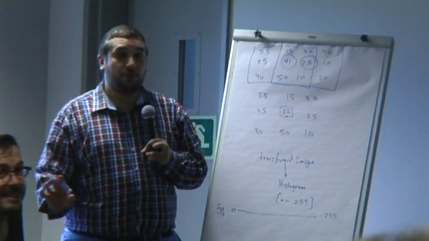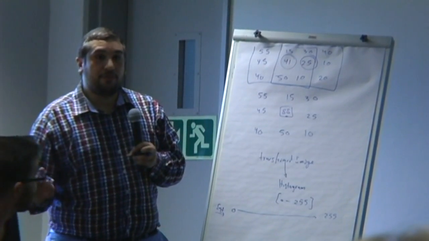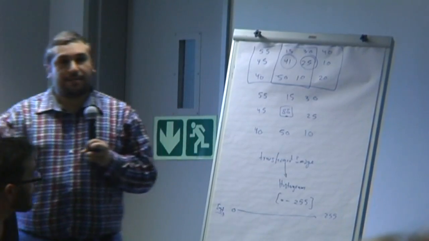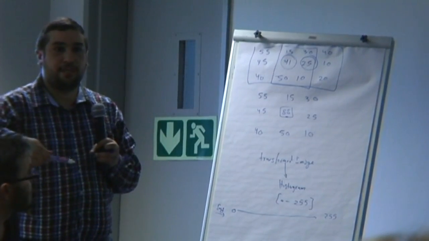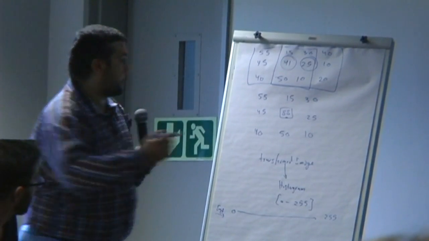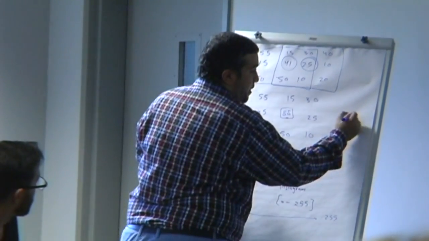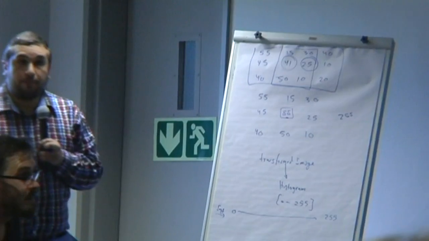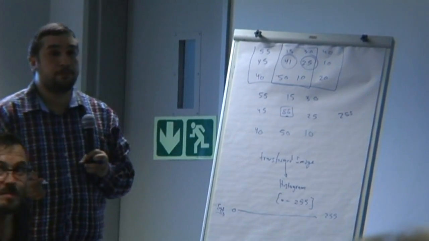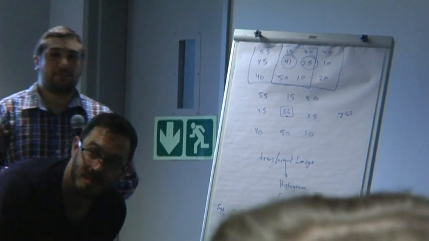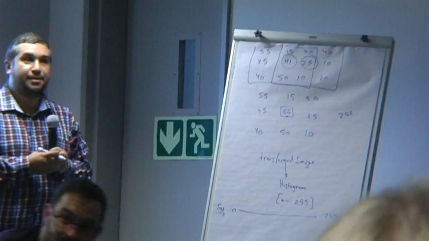But remember, this is a histogram. The histogram means how many times the pixels are represented. So, for example, if the pixel is 255, how many times will it be repeated? My question is, what if you get a threshold where you get all ones?